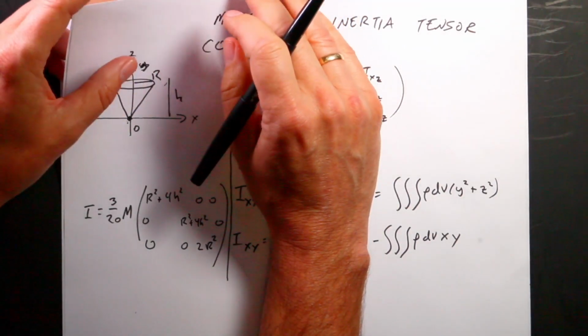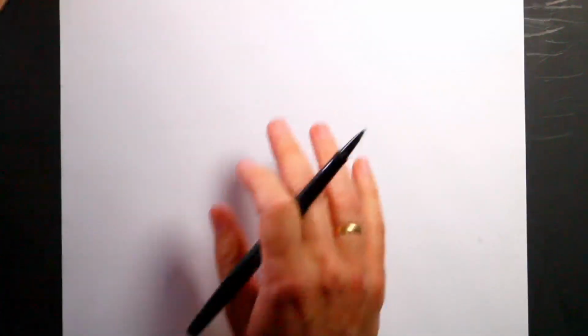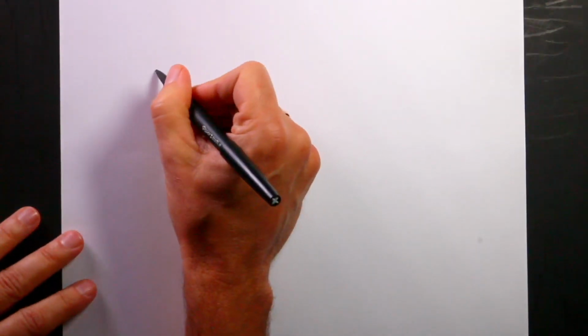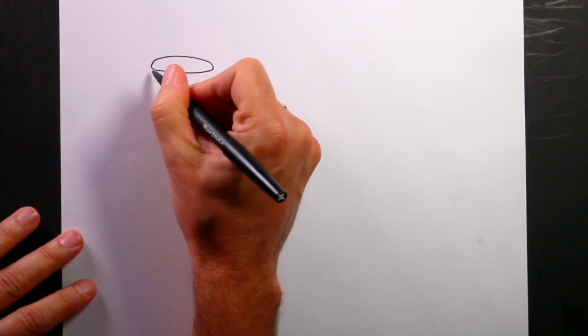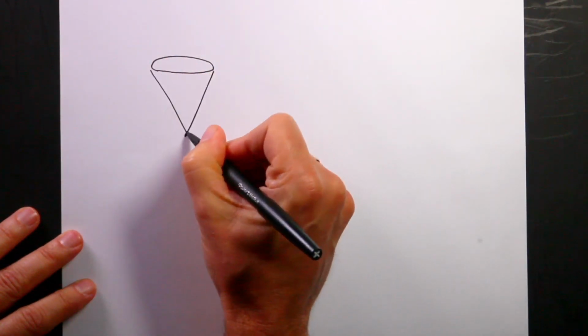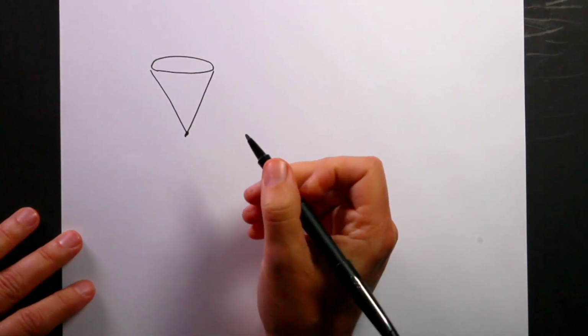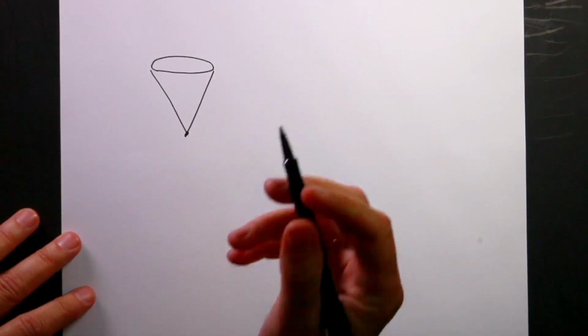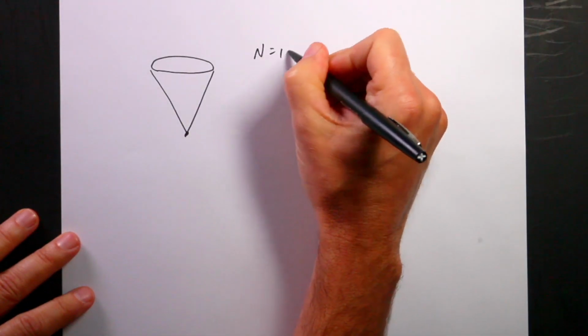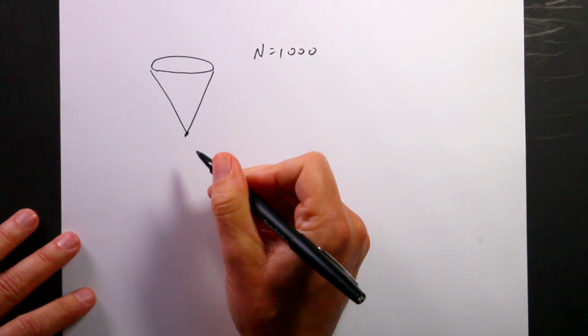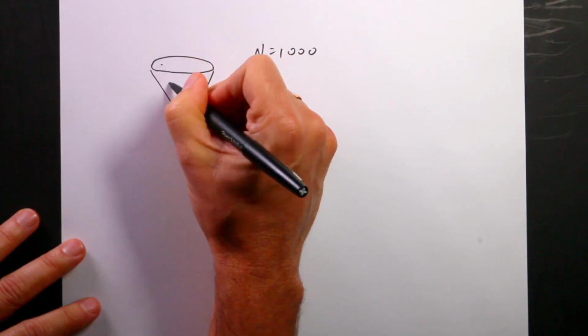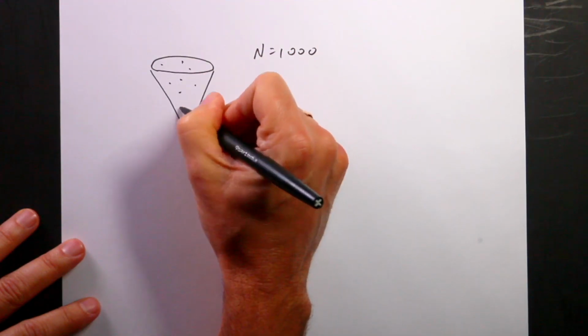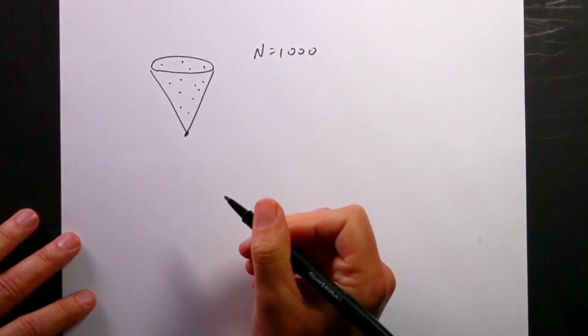So the key to a Monte Carlo calculation is to take my cone, and instead of breaking it into an infinite number of pieces, I'm just going to use, let's say, n equals 1,000. Actually, I'll use more than that. And what I want to do is have uniformly distributed masses. I'll make them randomly in here.